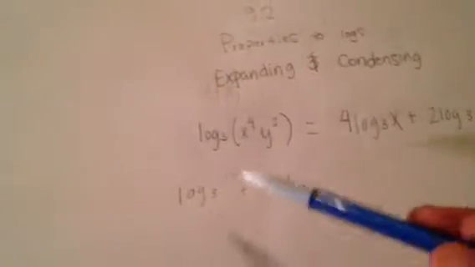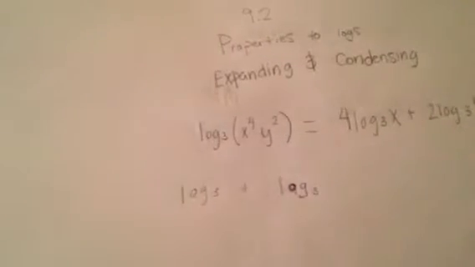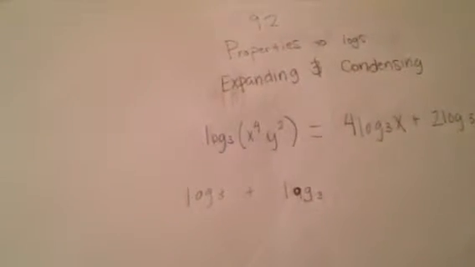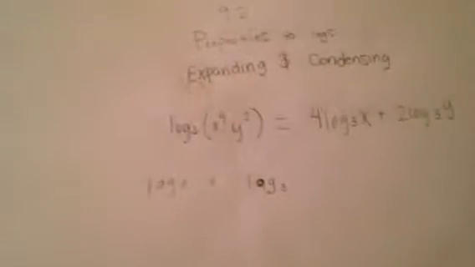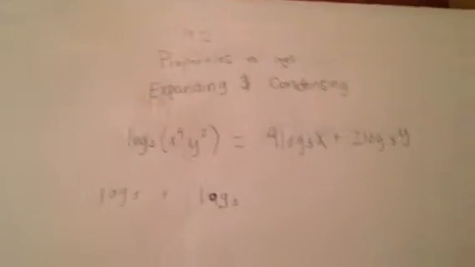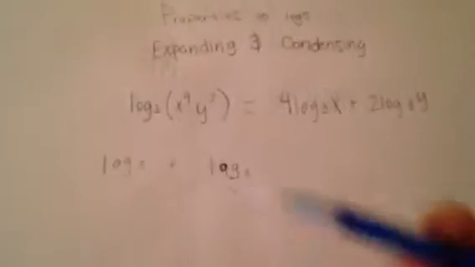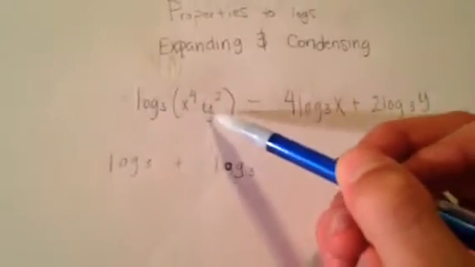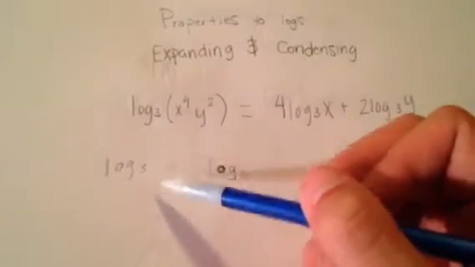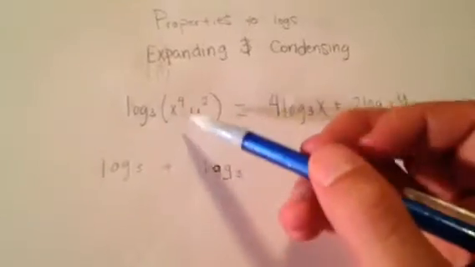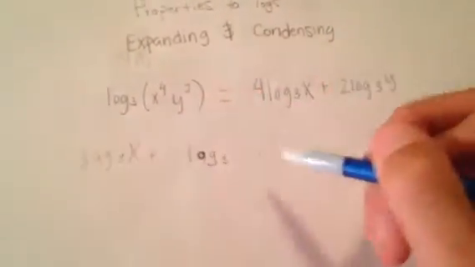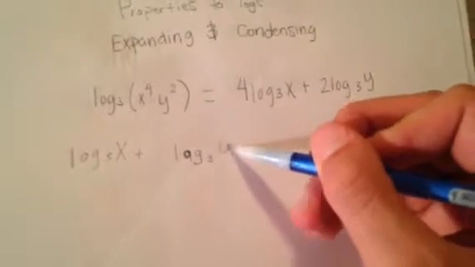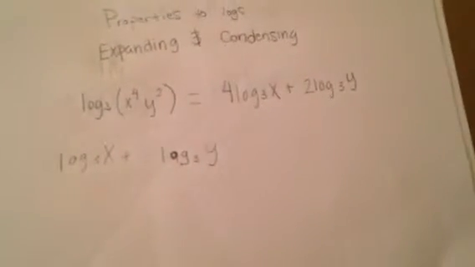Where you put the x and y is similar to where you put them in 9.1. That's why, if you remember 9.1, all the other sections will be very simple after that. The x and the y are going to be the bigger number after the base of the log. So this x is going to go right here, and this y is going to go right here, like so.